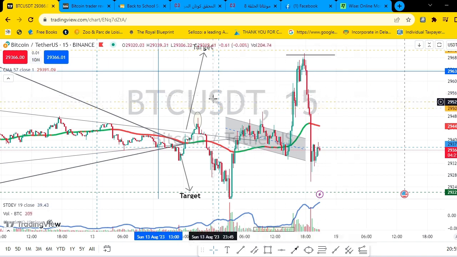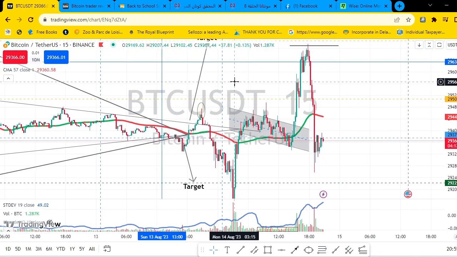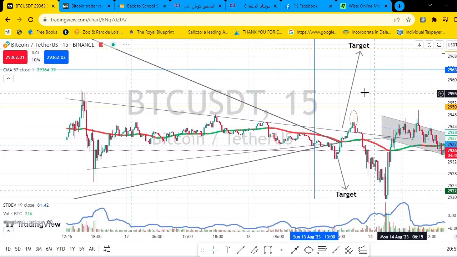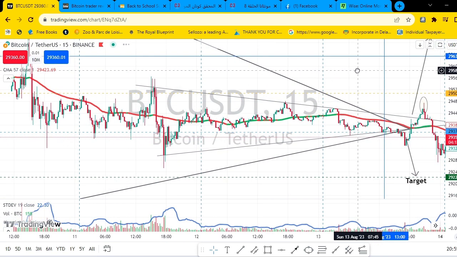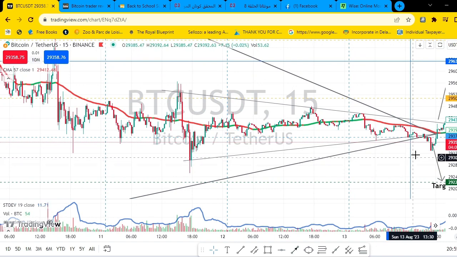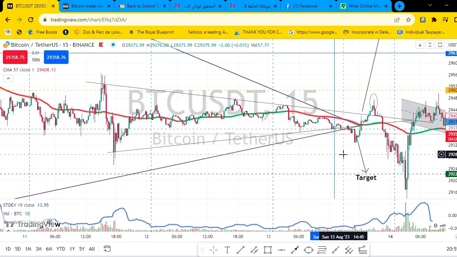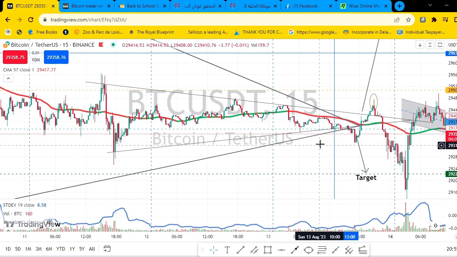Actually, if you saw my previous videos, I was talking about when the price was here, just trying to form. I set two main targets if the price goes beneath the moving average 57 and the major trend lines that I drew.